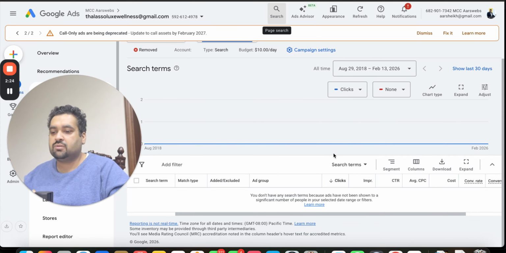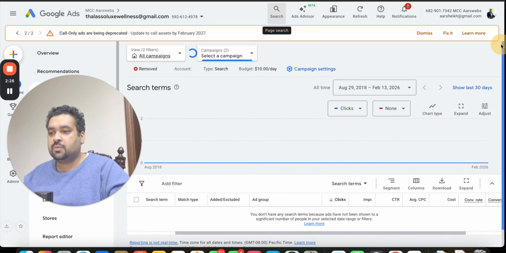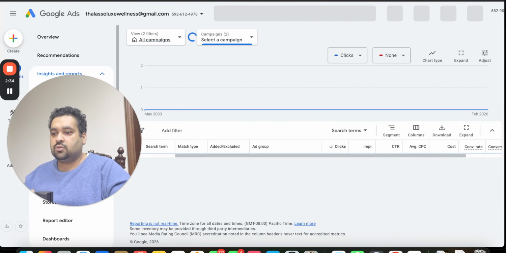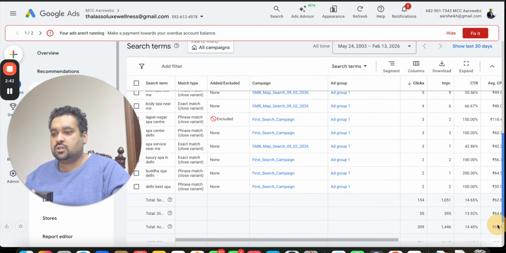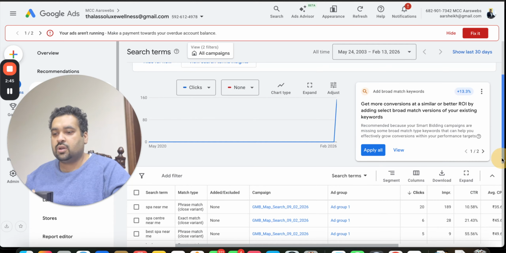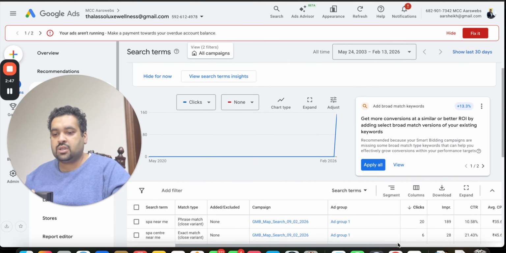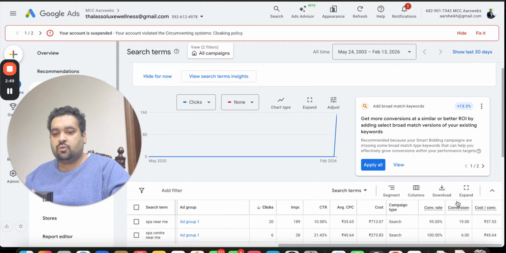This is a new account which is not showing any search terms, but this is a general strategy to see. Okay, let me refresh, so maybe we get to see it over here. You can see around over here the search terms to see which ones are working well and which are generating poor conversions, and just simply block those.